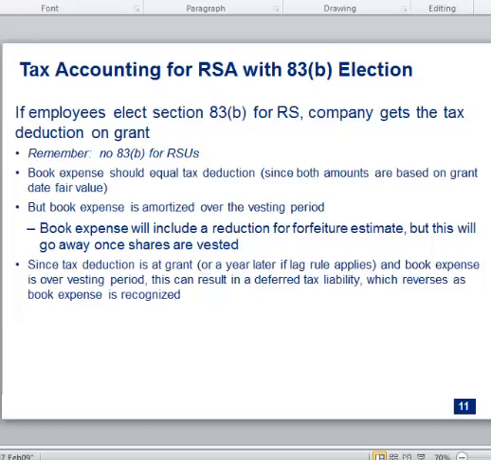Company picks up a $25 deduction. So the company's picked up a deduction before anything happens, right? The first day, the company picked up a deduction. For the next year, the company is going to expense the $25. So here, with an 83(b) election, our deduction actually precedes the book expense. So it's the flip of the temporary difference we just talked about.